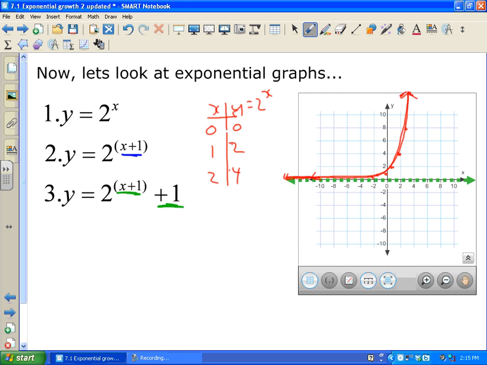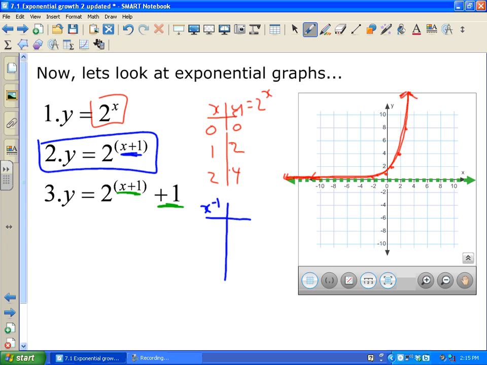Okay? If I want to look at graph number 2 now, which is y equals 2 to the x plus 1, hopefully you see the connection with what we did in the last chapter. We've got our parent function here, which is 2 to the x, and all we're going to do is make a child function. The way that this child is going to change: opposite x, so minus 1 for every x value, and there is no change for y.